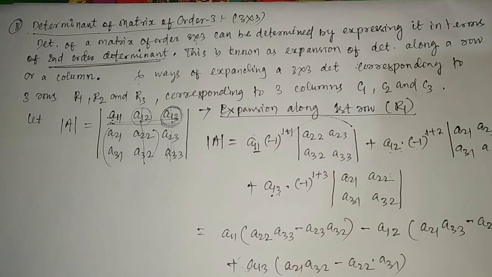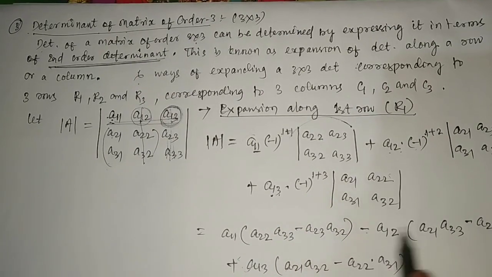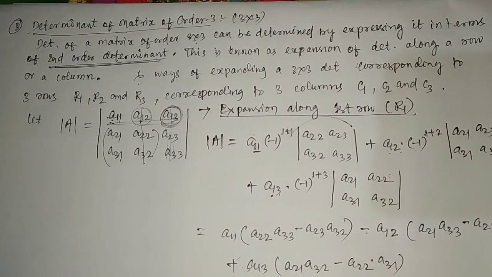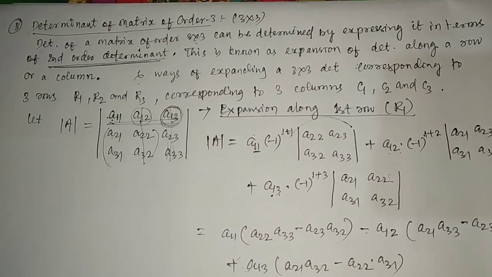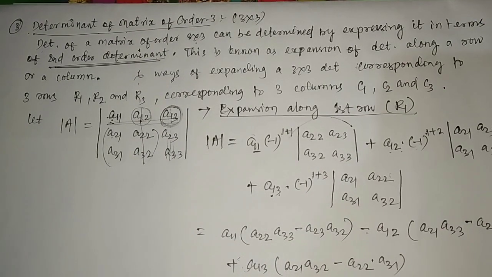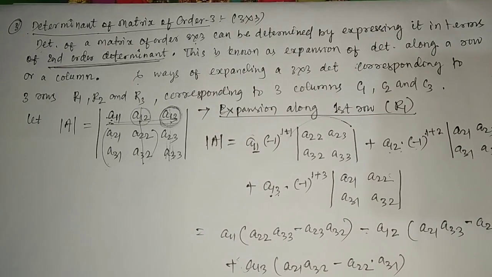So here we get A11, A22, A33 minus A11, A23, A32 minus A12, A21, A33, minus 1 is plus A12, A23, A31. Similarly here A13, A21, A32, by multiplying we get A13, A22, A31.